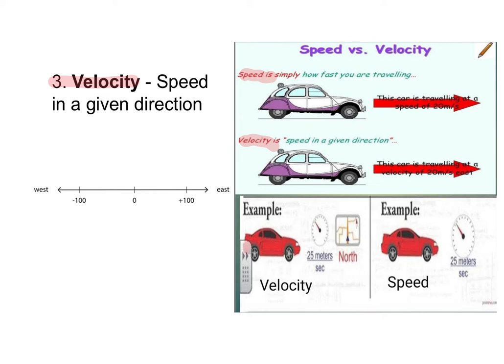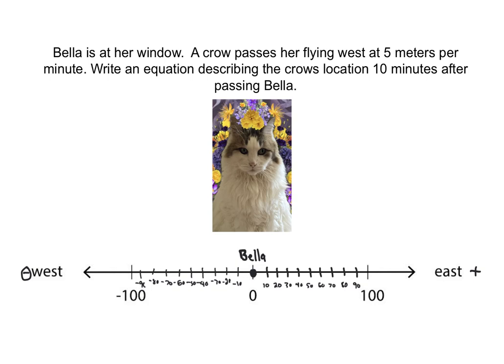So this car is traveling at a velocity of 20 meters per second heading east. Again, speed here would mean, well, this car is 25 meters per second, whereas the velocity would be 25 meters per second heading north.